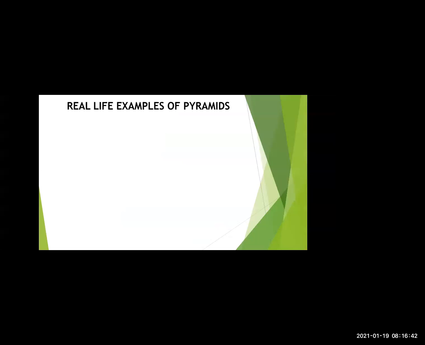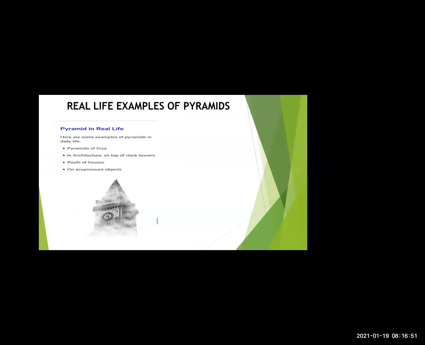Now, real life examples of pyramids, where you might have seen these pyramids in your surroundings. So you can see here some examples of where you can see pyramids. In the history subject, you might have studied the pyramids of Egypt, very famous, the pyramids of Giza.